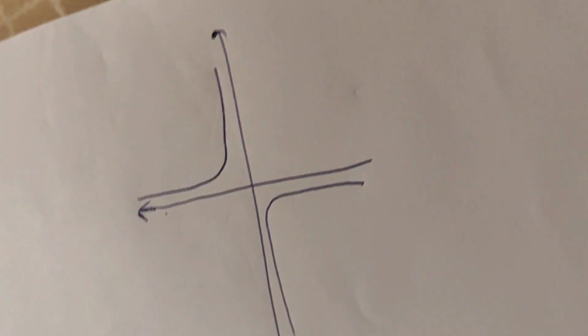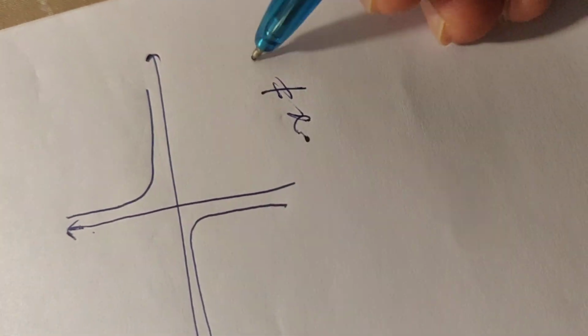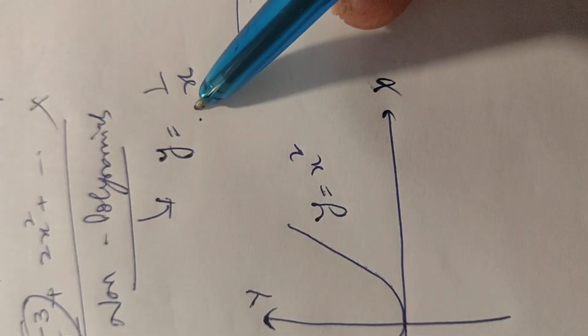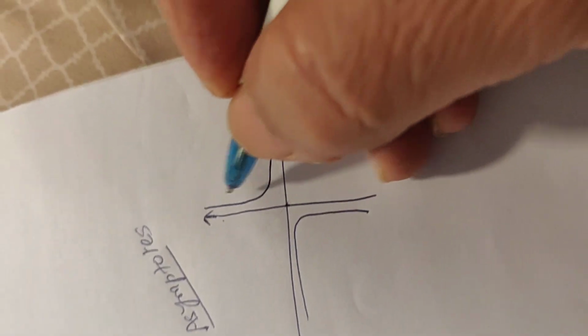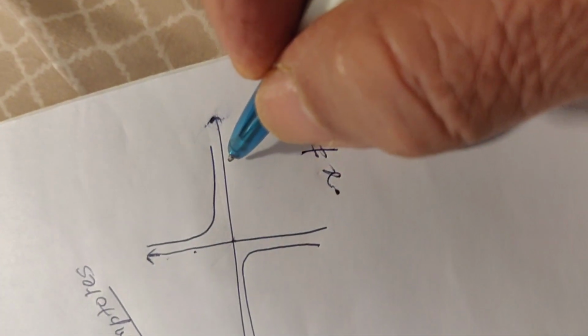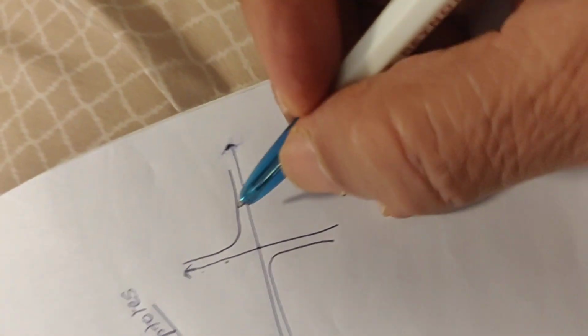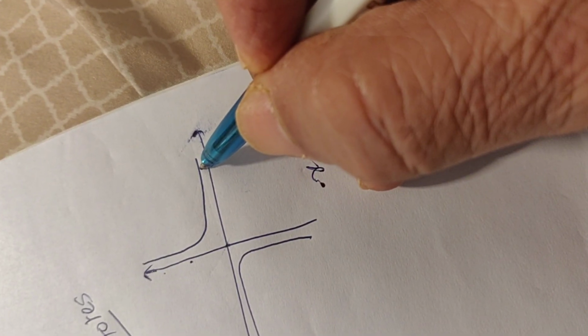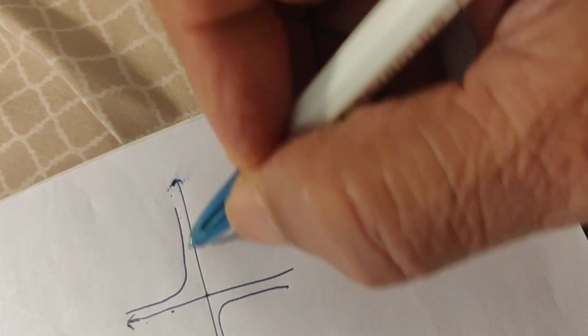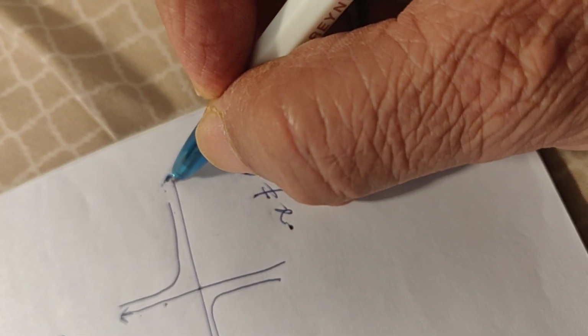Now x is not equal to 0 in this case. So when x is not equal to 0, it is not going to touch. So this will have asymptotes. It has two asymptotes, on the y-axis as well as on the x-axis. If I draw a straight line, this graph will not touch that straight line.